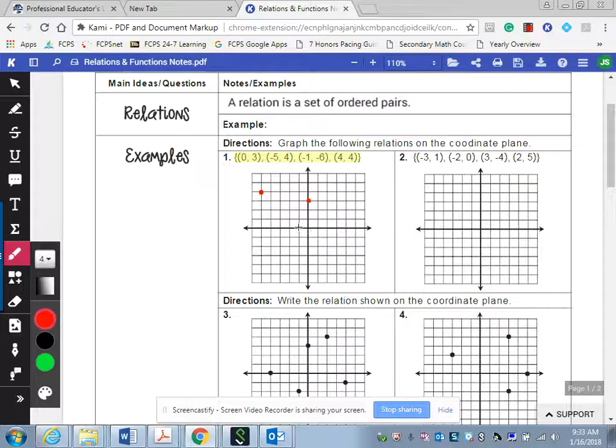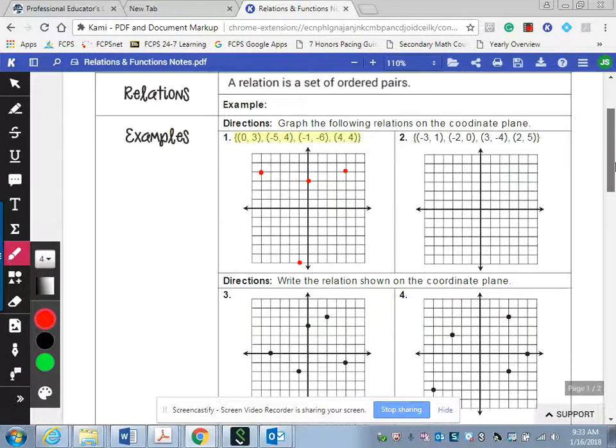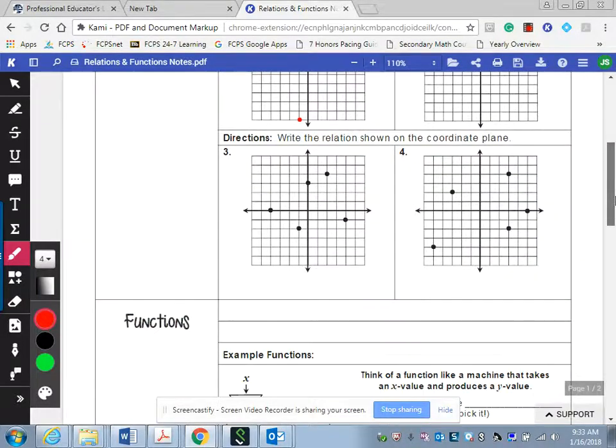So -1, -6: 1, 2, 3, 4, 5, 6, and we put that dot right there. And last but certainly not least, we have (4, 4). So +4, 1, 2, 3, 4, and up 4, 1, 2, 3, 4. Make sure you guys are paying attention to your positives and your negatives, okay? Now, you can go ahead and do number 2 by yourself.